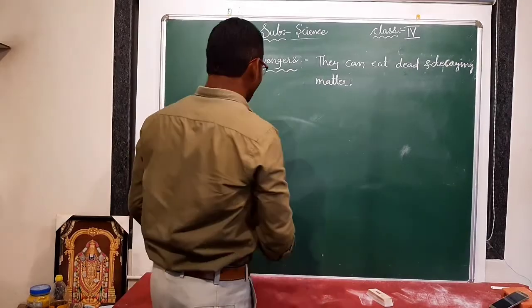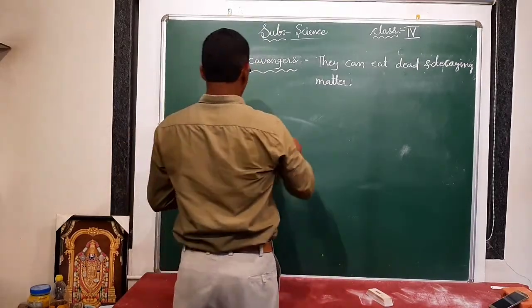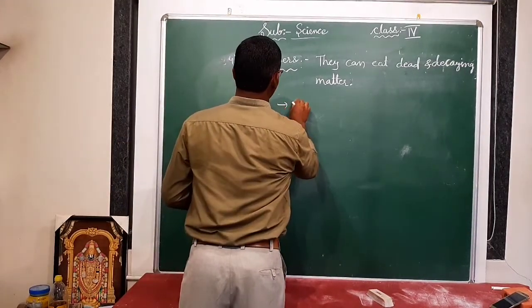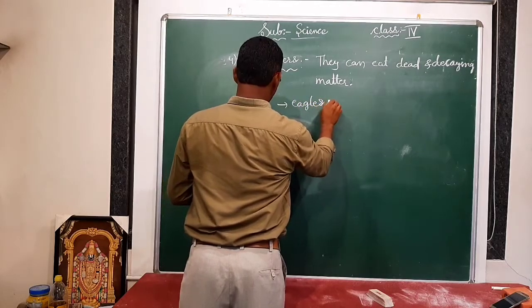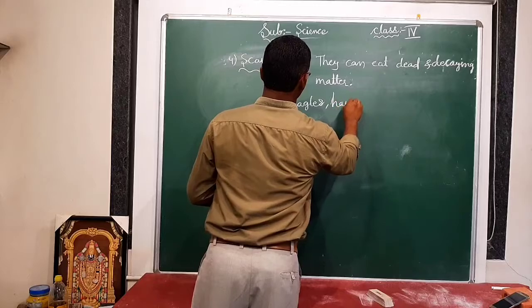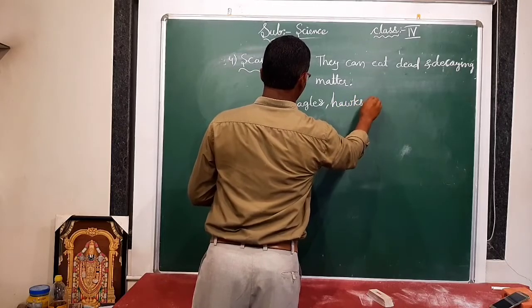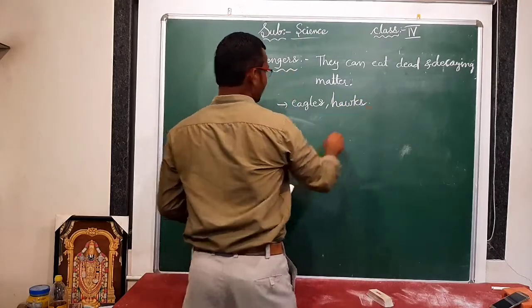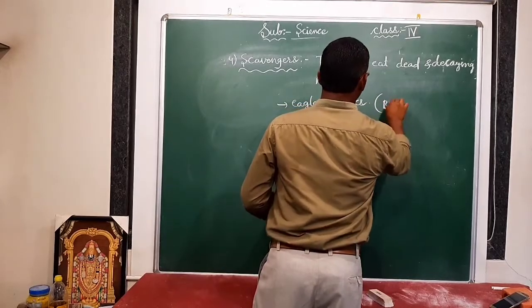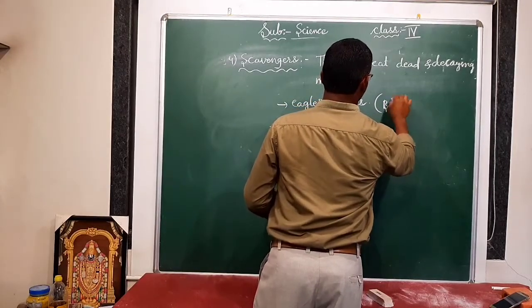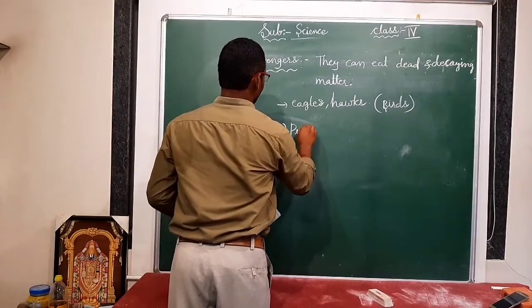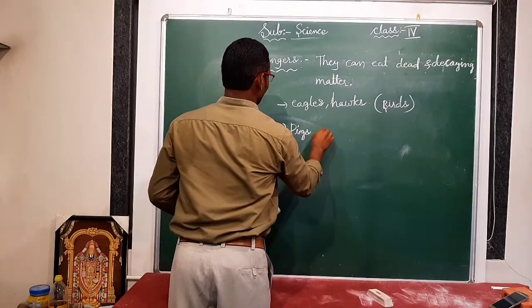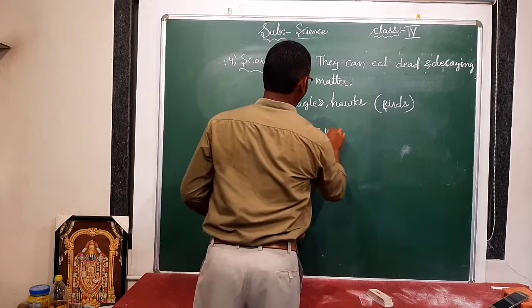Okay, and what are the examples? If you see in the birds, eagles and hawks are there. And if you see in the animals, pigs and dogs.